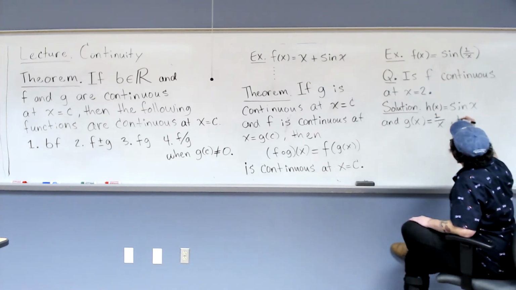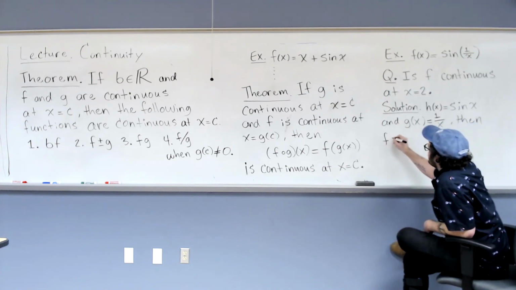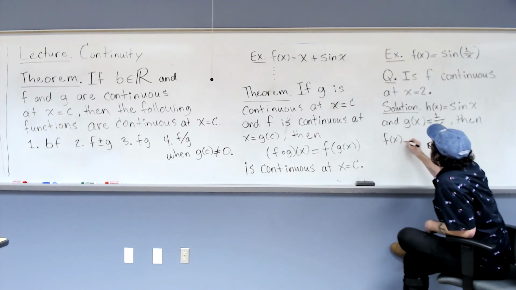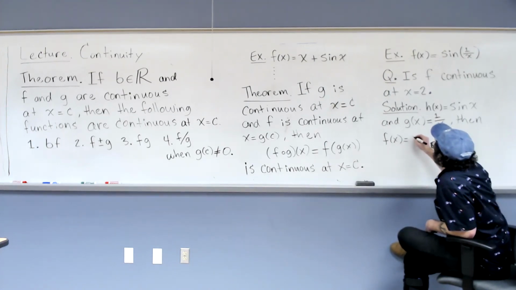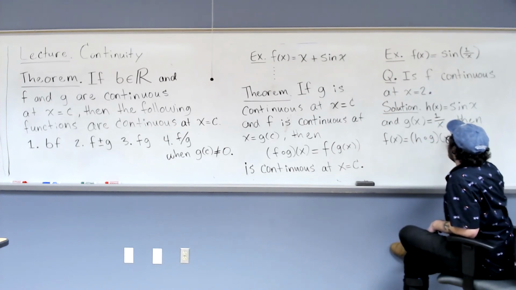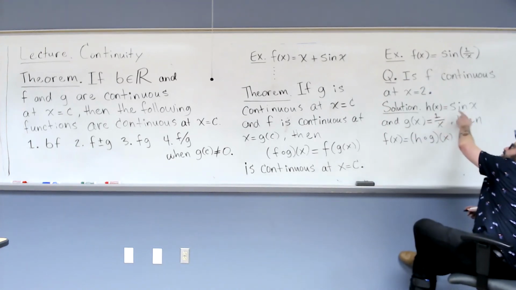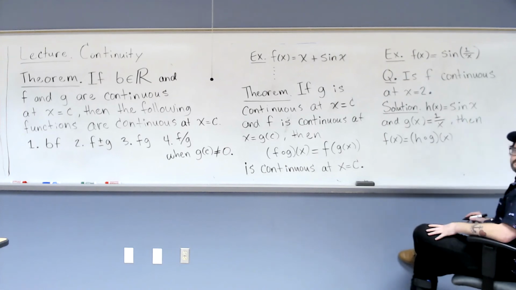Then f of x is equal to h composed with g, right? You just plug g into h of x, we get sine of 1 over x, right?